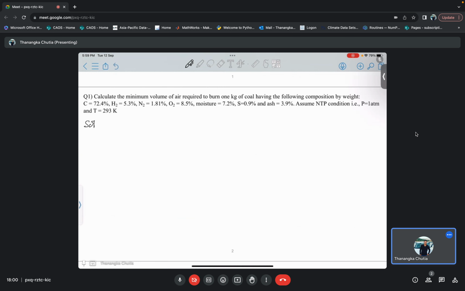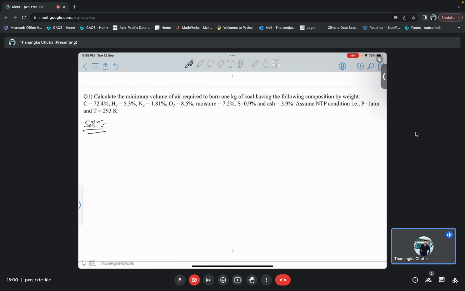So calculate the minimum volume of air that is required to burn 1 kg of coal having the following composition by weight. It has carbon 72.4%, hydrogen 5.3%, nitrogen 1.81%, oxygen 8.5%, moisture 7.2%, sulfur 0.9%, and ash 3.9%.